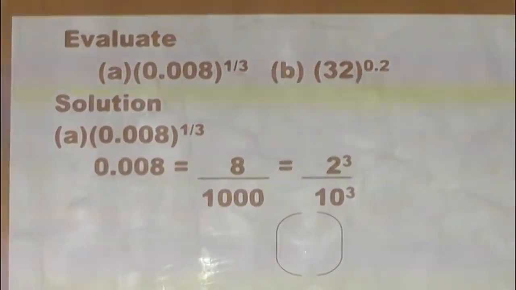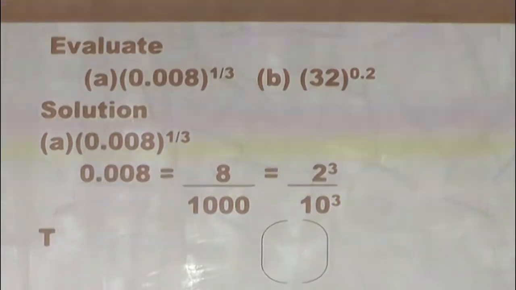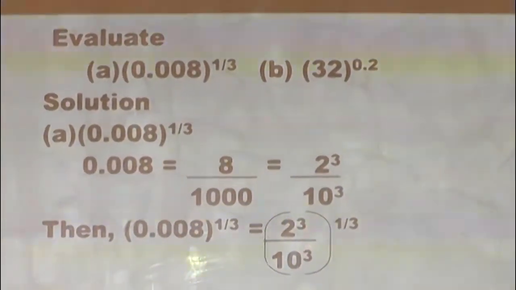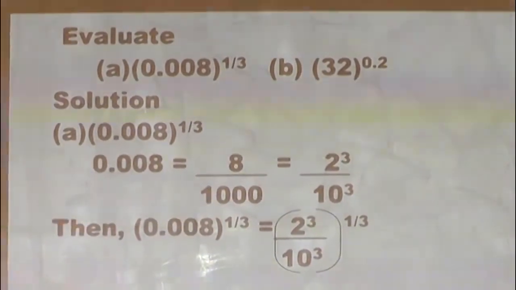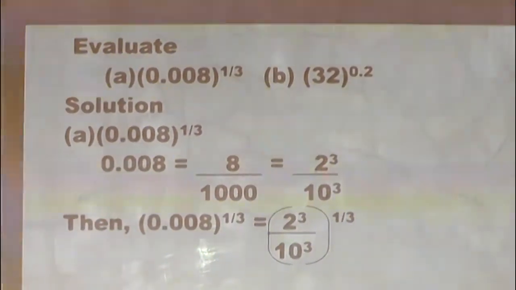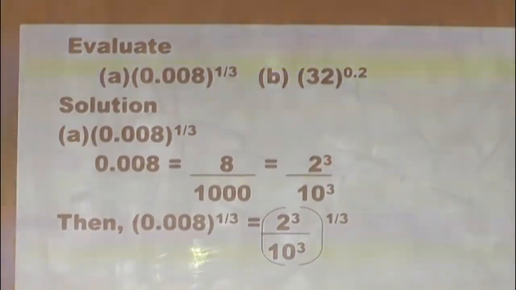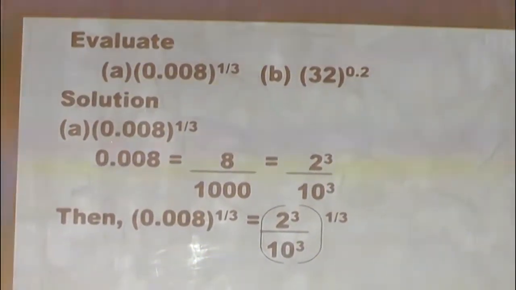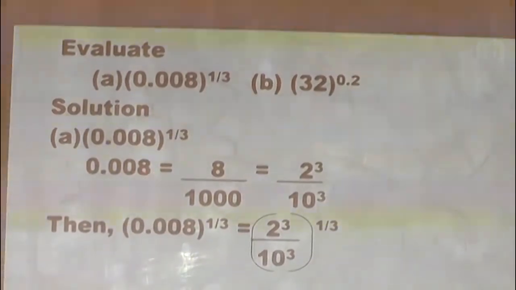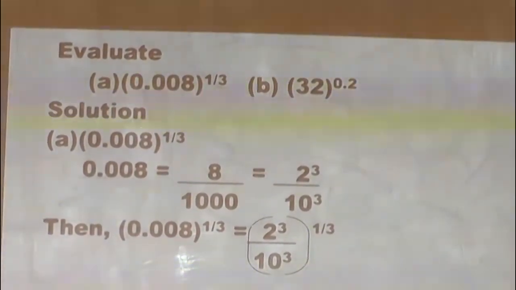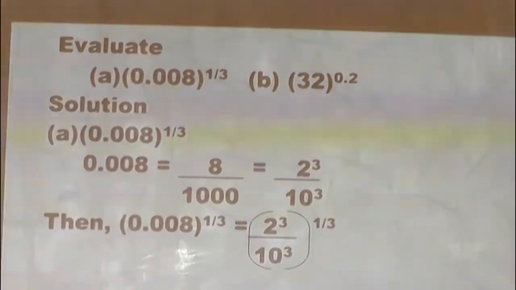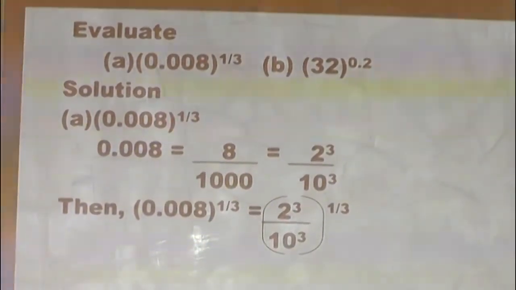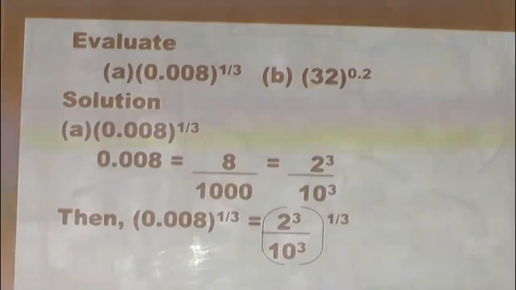And if you further simplify this, we are going to substitute this 2 raised to the power of 3 all over 10 raised to the power of 3 in position of 0.008 in the expression that we are given, which is 0.008 all raised to the power of 1/3.